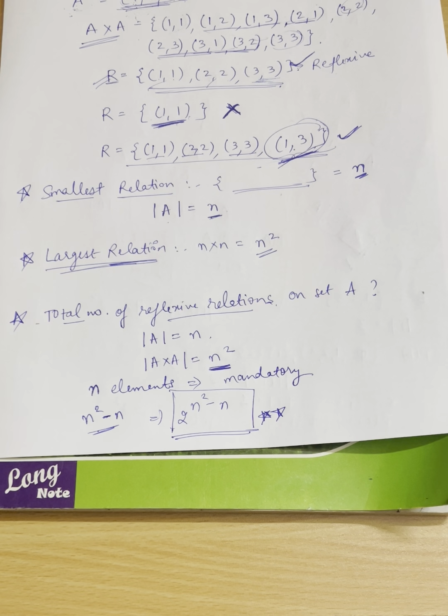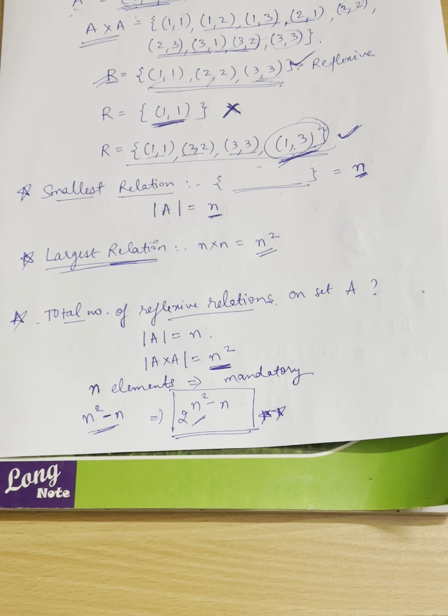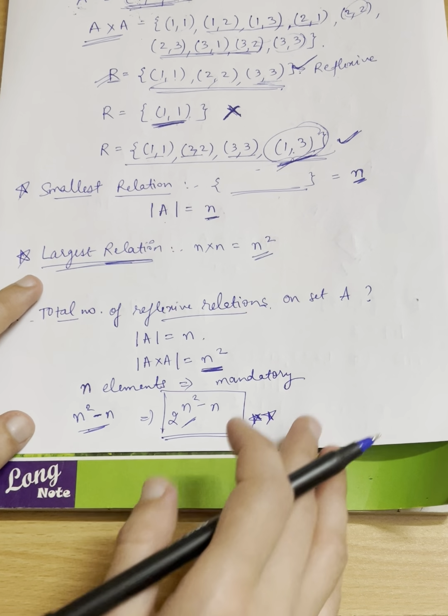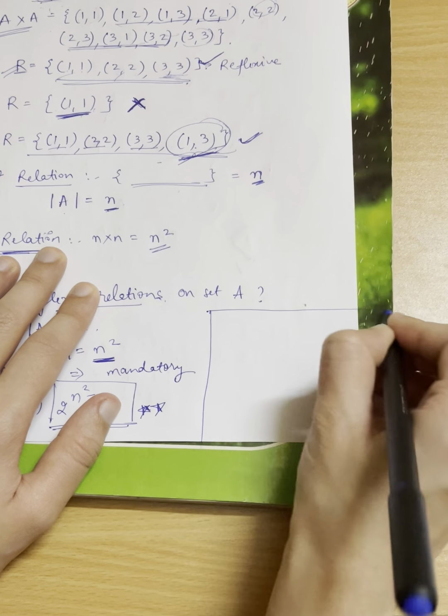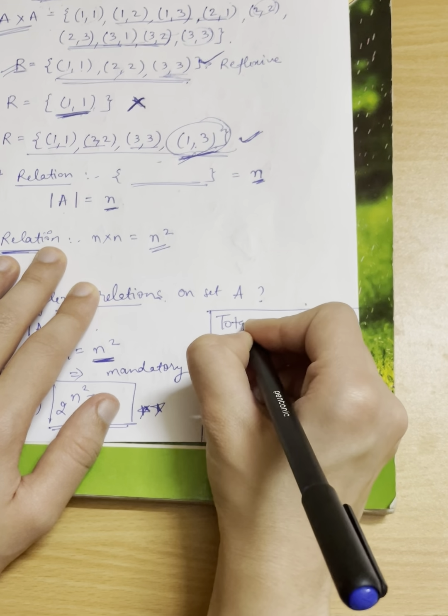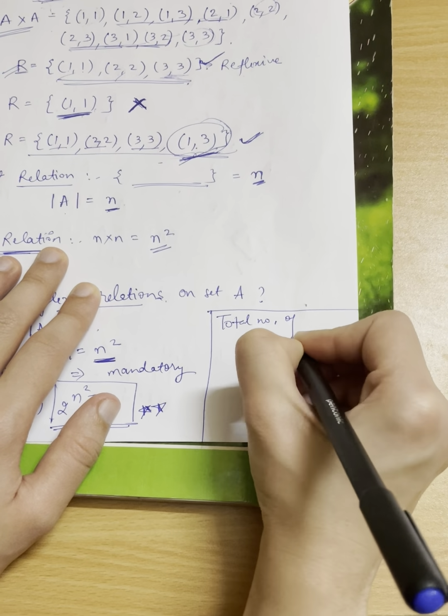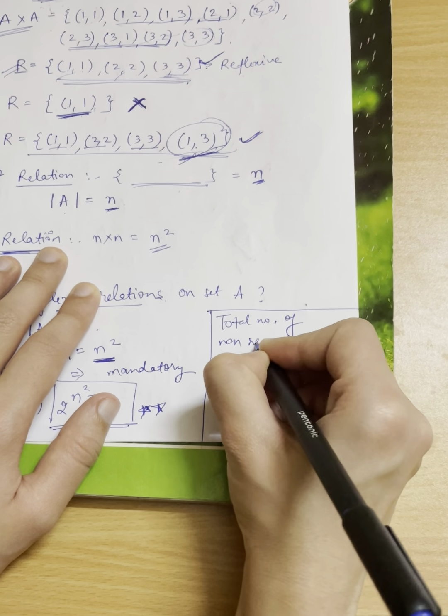These are the total number of relations which are reflexive, and the remaining are the non-reflexive relations.